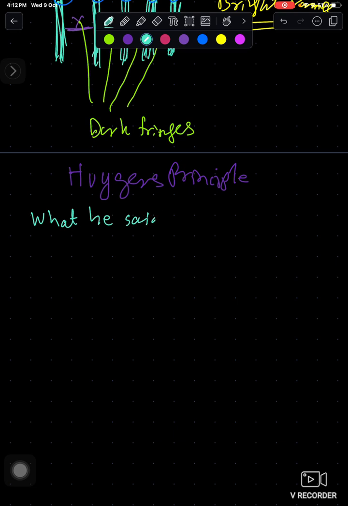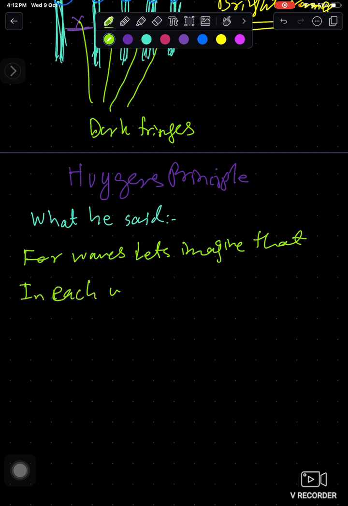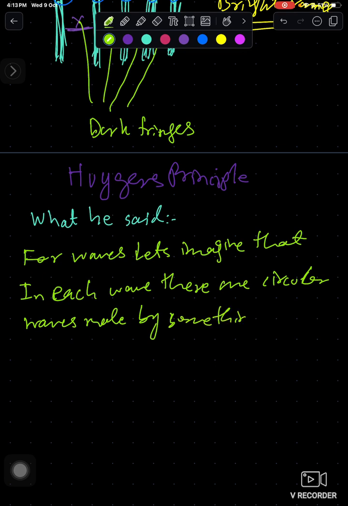What he said for waves, let's imagine that in each wave there are circular waves made by something in it which is of infinite amount, called ether.